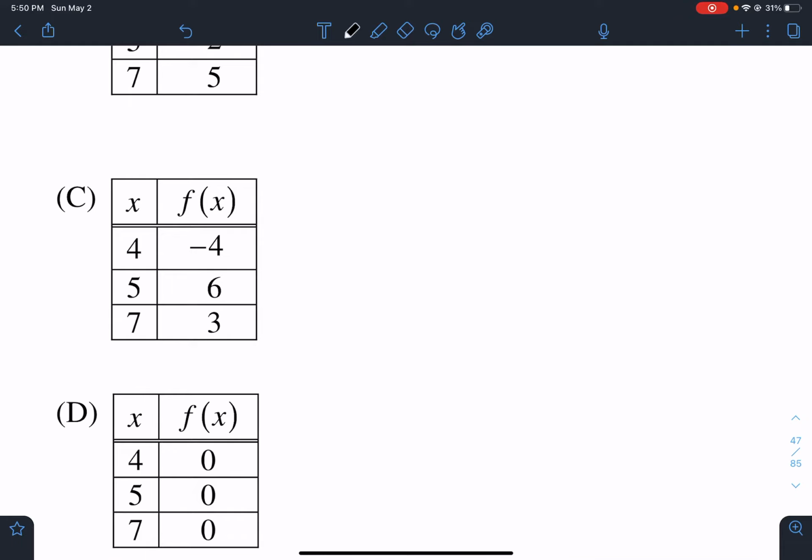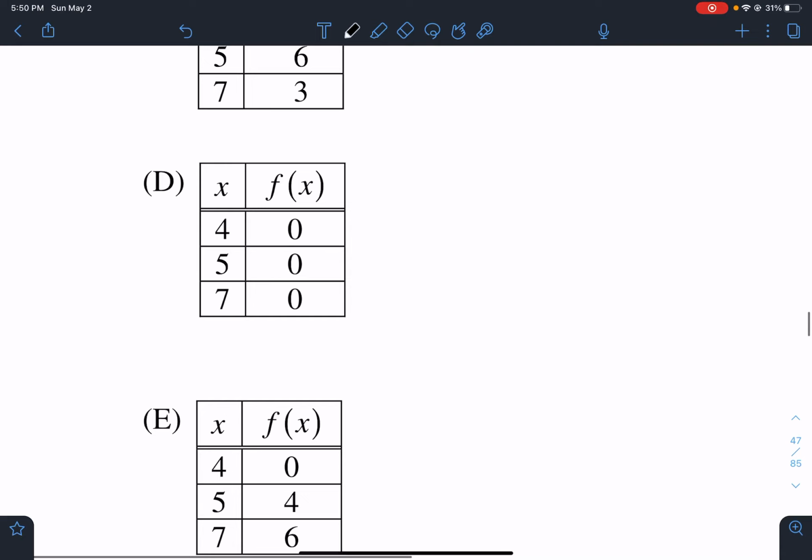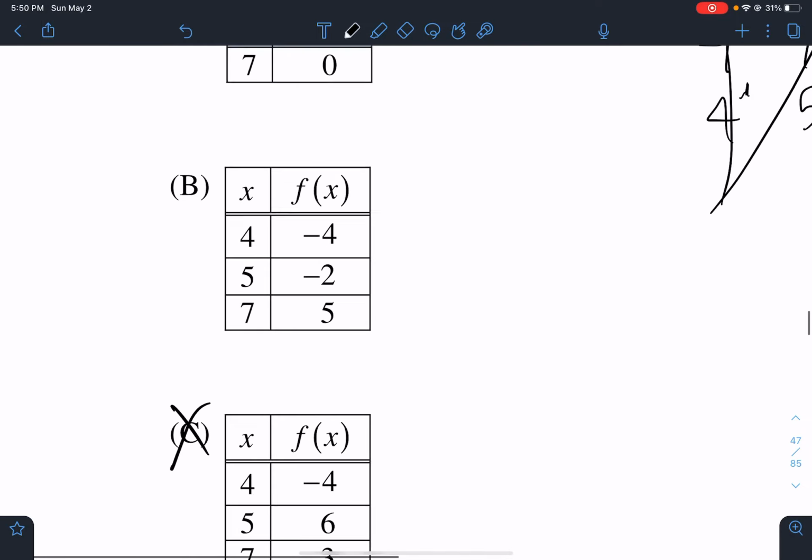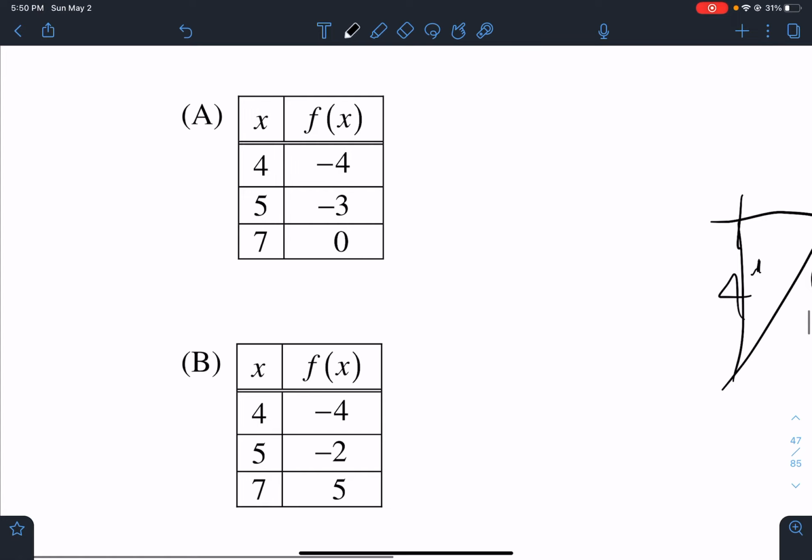And so we don't want that, so we can rule out C. And for D, it's not really increasing at all, so we can rule D out too. And for E, it's not ever below 0, so this area is always going to be positive. So we can rule out E as well. So we just have to decide between A and B.